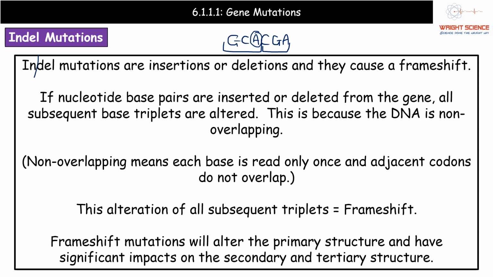So that's what we mean by a frame shift, the alteration of all of these subsequent triplet codons, meaning this is a big change. We're going to see a change to the primary structure because different amino acids will be coded for. We are going to then see significant impacts on secondary and tertiary structure because it's changing all of those amino acids.